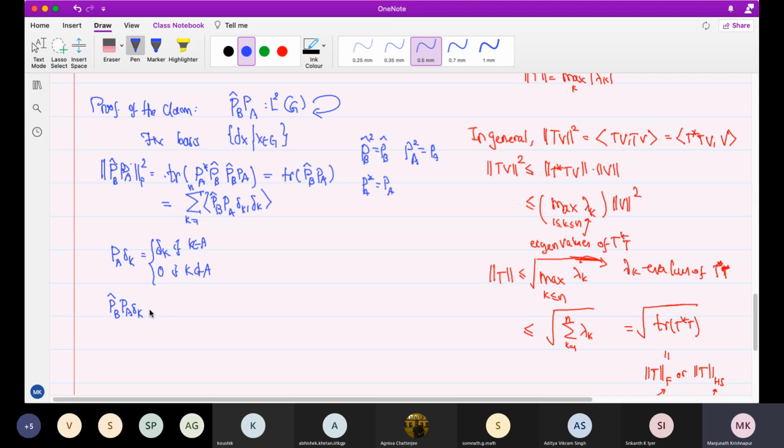So we want to take P_A delta K, then P_B hat P_A delta K will be, so we take P_A delta K hat times the indicator of B and then check.